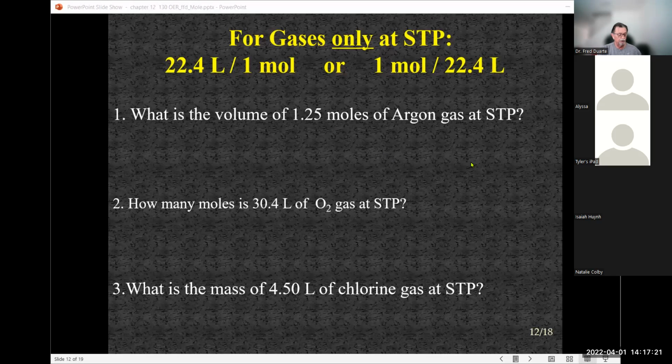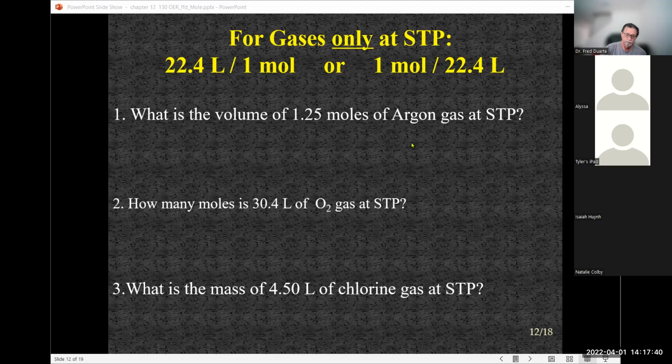Okay, sorry about that. All right, so here, you're being told STP conditions, so you can use that ratio of 22.4 liters per mole. The question is what is the volume of 1.25 moles of argon gas at STP?